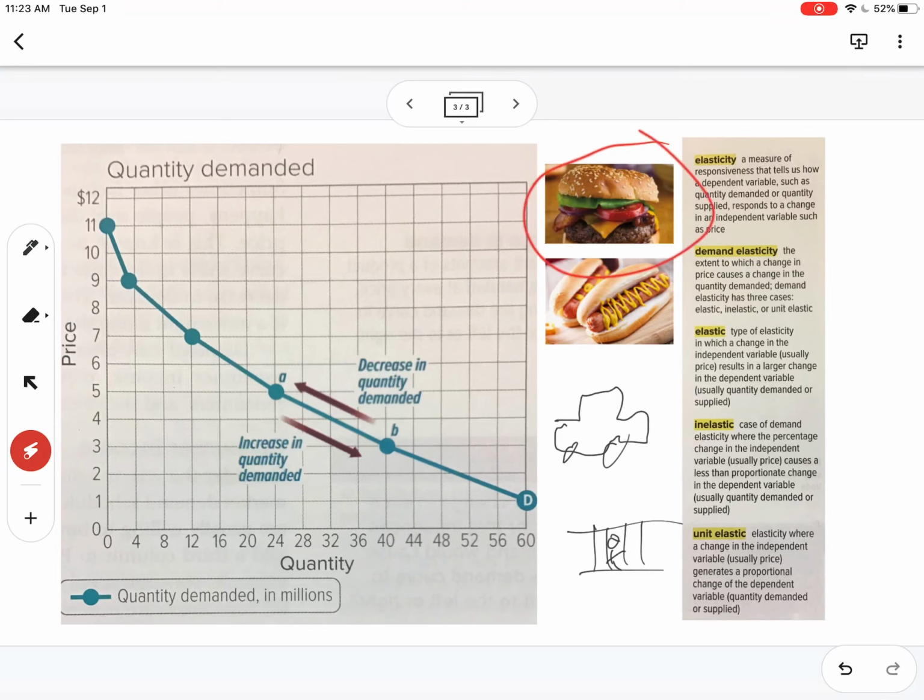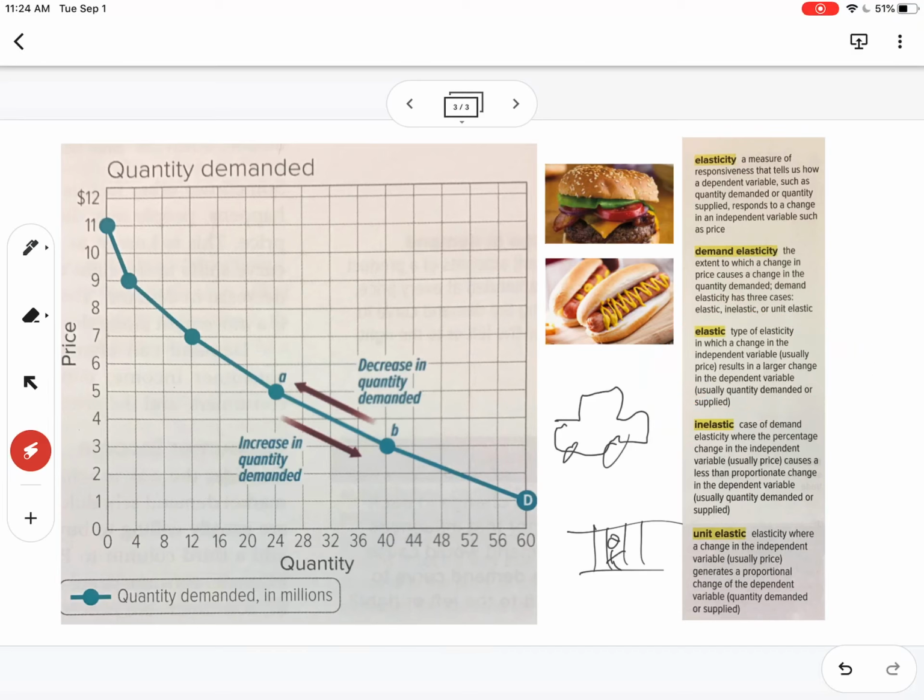So basically what that is saying is, a hamburger, you're willing to buy it at $5, right? However, if you increase the price to $12, you're going to sell no hamburgers, which means it is an elastic product.